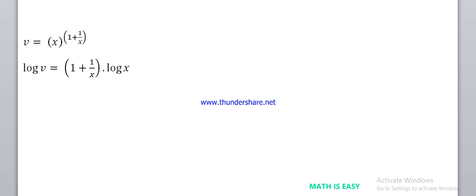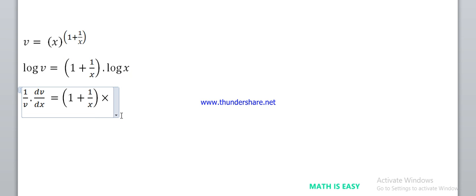Now when I do differentiation on both the sides, here I will put 1 upon v into dv upon dx is equals to, now here first term, 1 plus 1 by x is u and log x is v. So I am going to apply u derivative of v. This will come u into derivative of v.